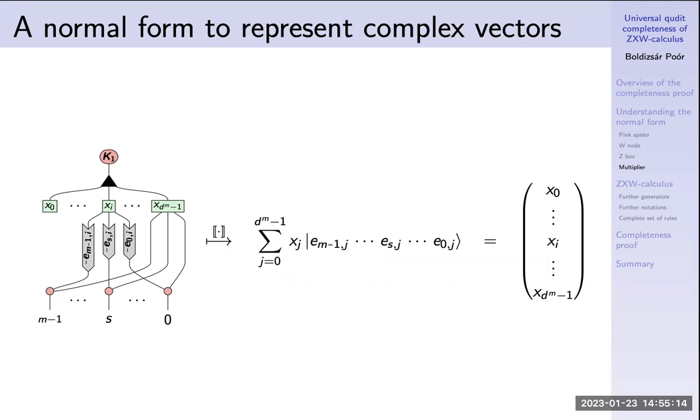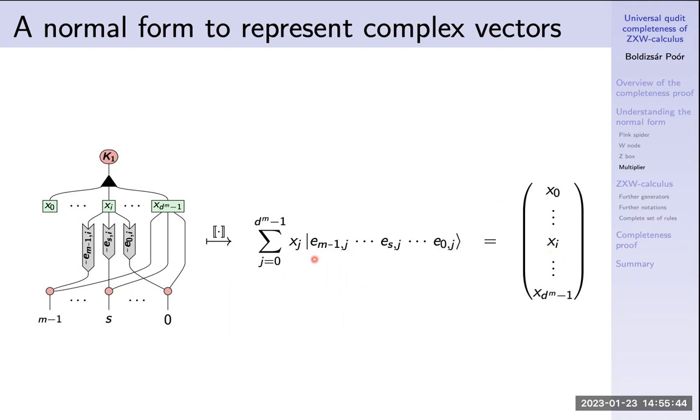An easy way to think about it is that it's really close to the ternary decomposition of a number, and we have d to the power of m numbers. So in case of qubits, this is actually just the binary decomposition of a number, which is something computer scientists must be really familiar with.